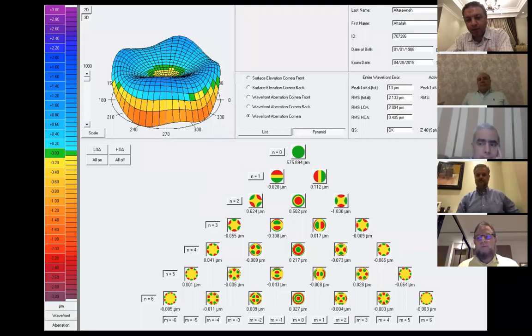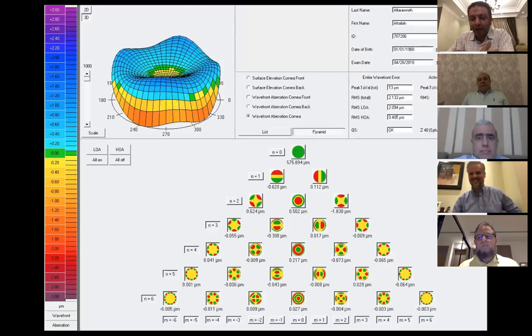If there's nothing, I will think later about refractive surgery. But also, because Dr. Yasser Rifay has the MS 39, he can do epithelial mapping, but we don't have it. It's very important to stop eye rubbing.